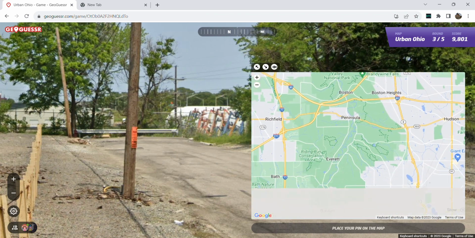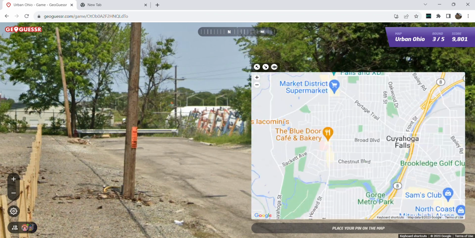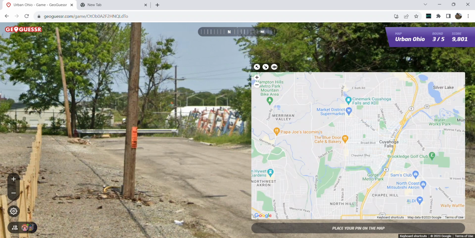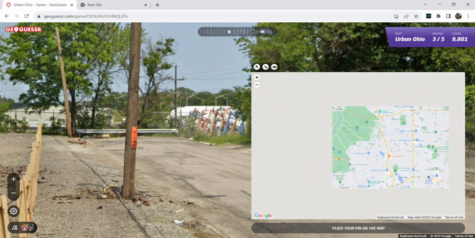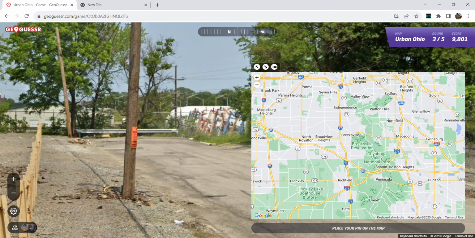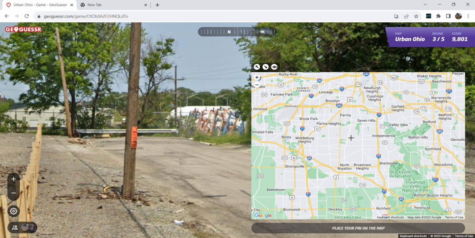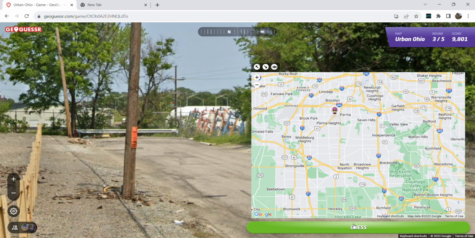Like I say, I think maybe Cleveland suburbs, but not necessarily city of Cleveland. We could be closer to Akron, but I think I'm going to go up here in just this area, really. I'm feeling Brooklyn, Brook Park, Parma, somewhere like that area. See how we do.